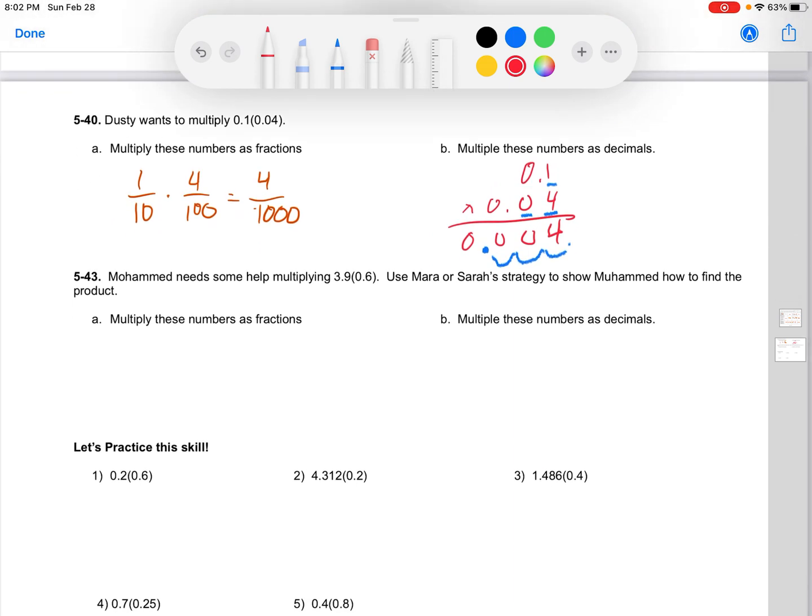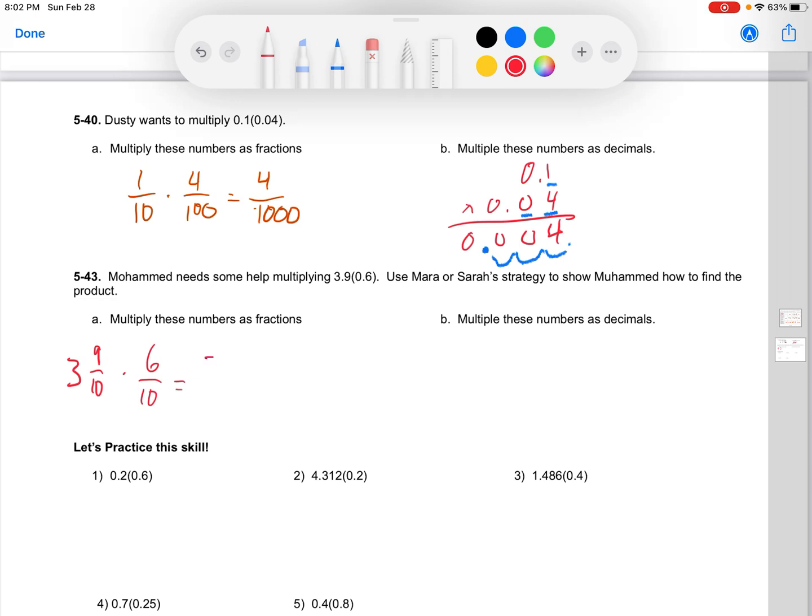Muhammad needs some help multiplying 3.9 and 0.6. Multiply these as fractions. Well, I could multiply this as 3 9/10 times 6/10, but I always like to have improper fractions when I do that.